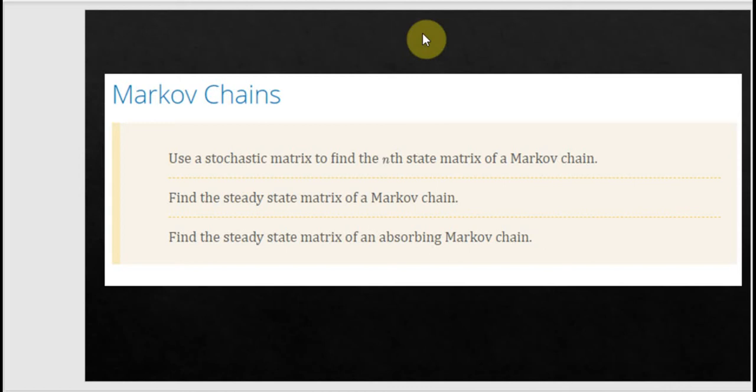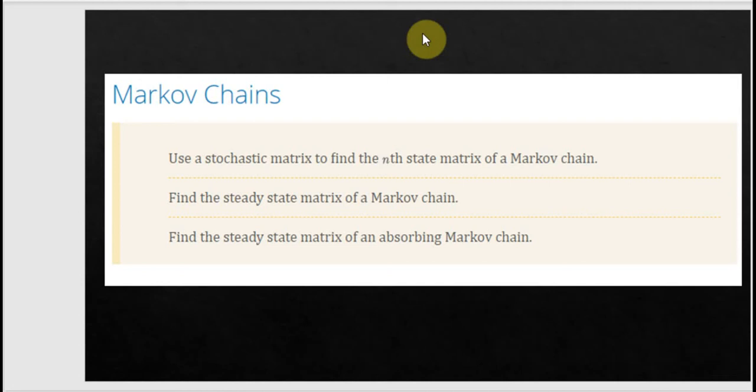Well, here we talk about three things with the idea of Markov chains. That is, we want to be able to solve a Markov chain, discuss the nth state, see if we can find that. Secondly, does the Markov chain achieve what is called a steady state? That is, after so many iterations of the transition of the Markov chain, you keep on getting the same matrix.